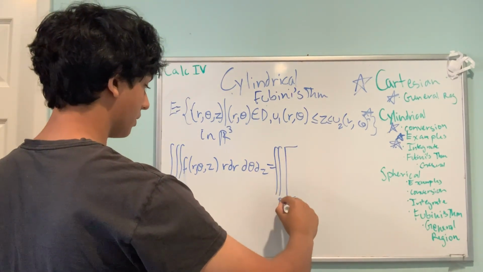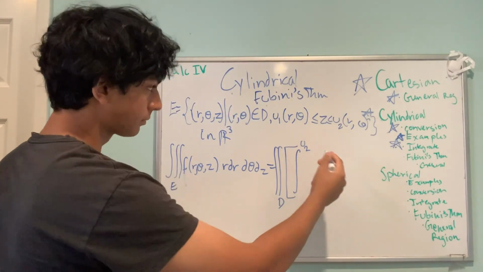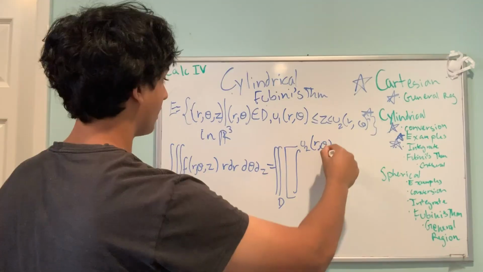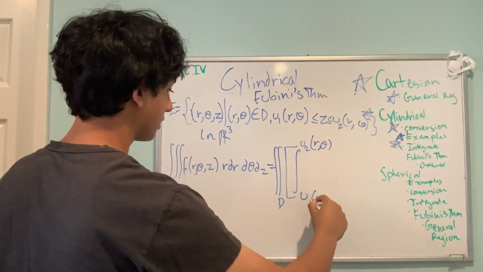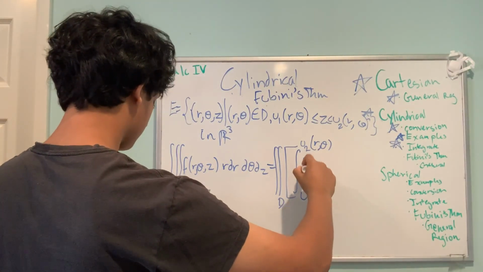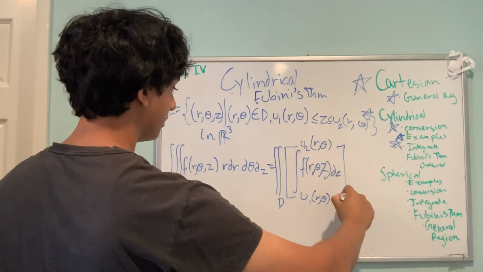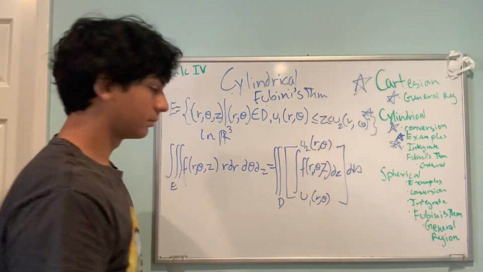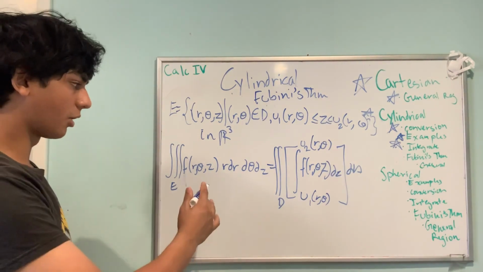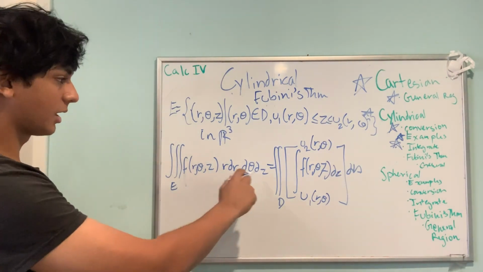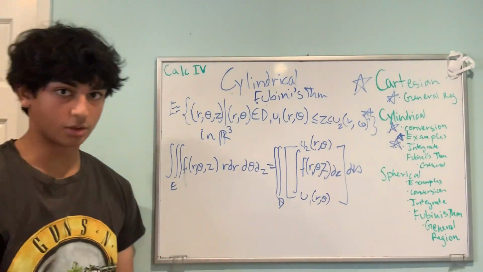Take the double integral over the projection of the single integral of the upper bound of the box, which is defined by a function, and the lower function of the box, and of our original function dz, then integrate with dA. Remember, dA is r dr d theta. Don't forget that. Don't forget the r. A lot of people forget the r. And make sure that your integrating constants are good with your order of integration here.